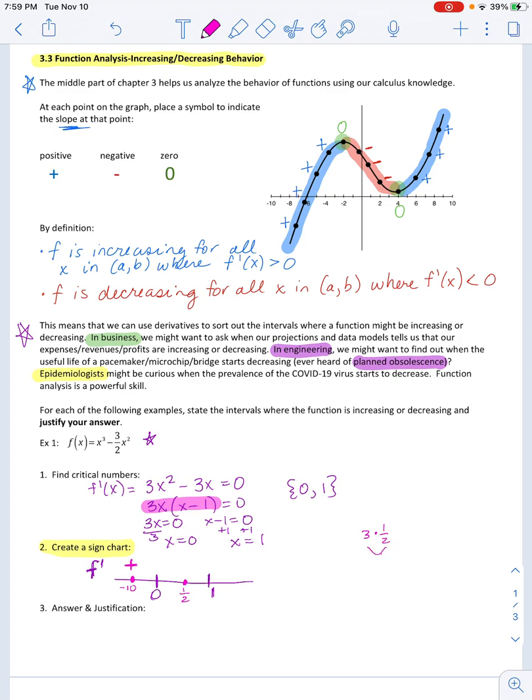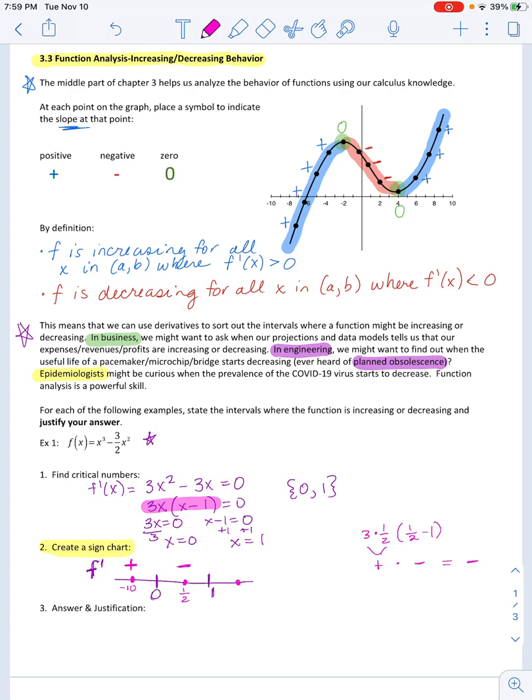I don't care what number that is. I know that's 3/2, but really I'm just interested that it's positive. And then the other term is x minus 1, so I'm thinking 1/2 minus 1, which in my head is negative. So my overall result will be negative in this portion of the interval. And that's true for every number in between 0 and 1.